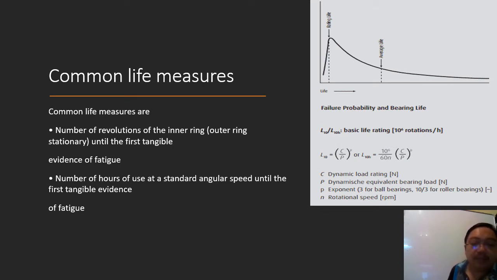In your everyday usage, take your table fan or ceiling fan: when you open it at full speed, eventually it will slow down over time because of the number of hours used.